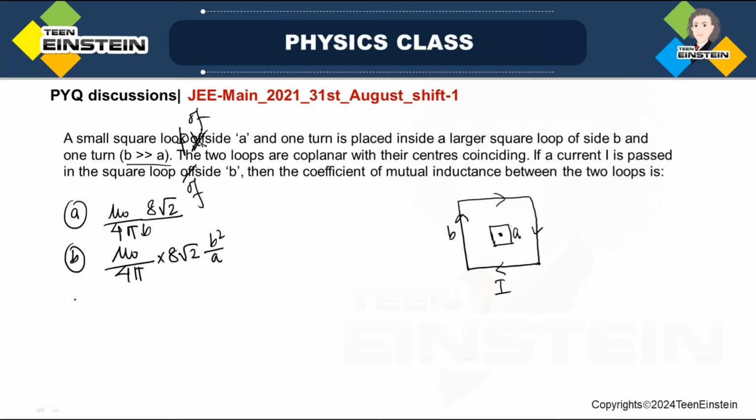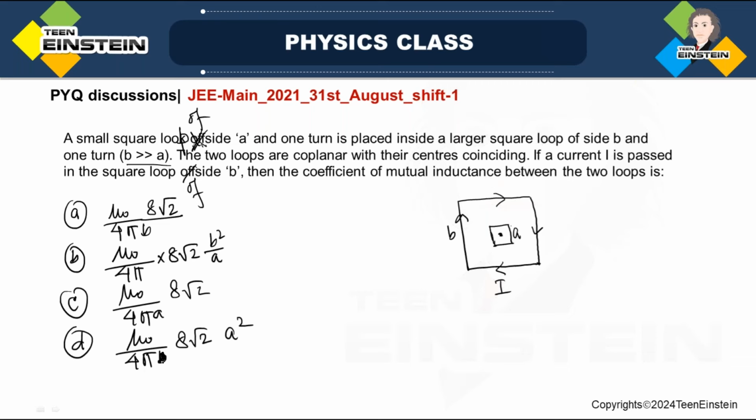Option C is mu 0 by 4 pi, a, 8 root 2. And option D is mu 0 by 4 pi, 8 root 2, and in the numerator it is a square by b.